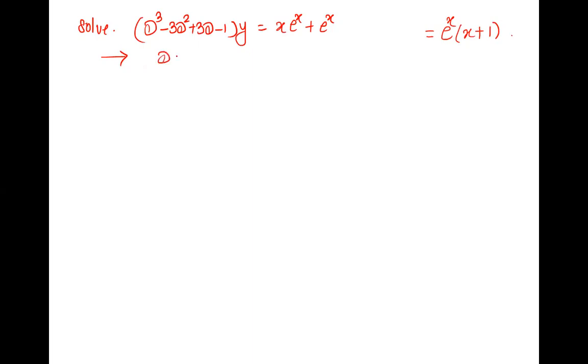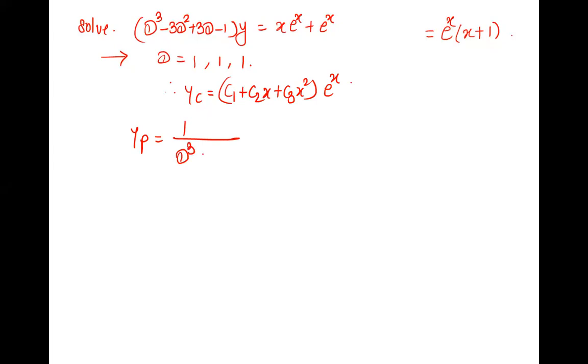Okay, just the D roots. 1, 1, 1. Very good. Correct. So therefore, yc is c1 plus c2 x plus c3 x square, into e raised to x. Okay, I'll leave you up to this. You will try.